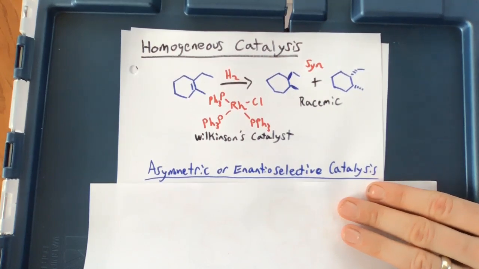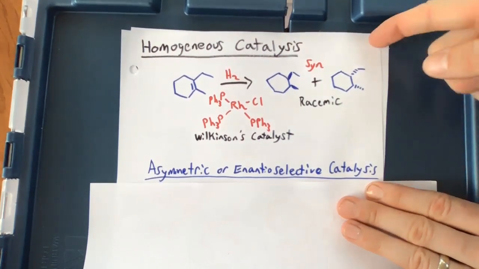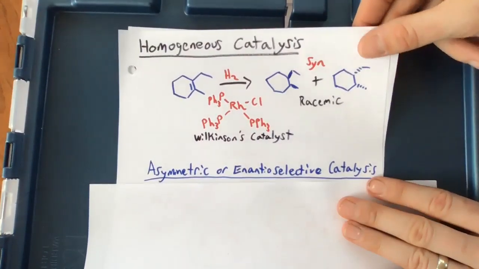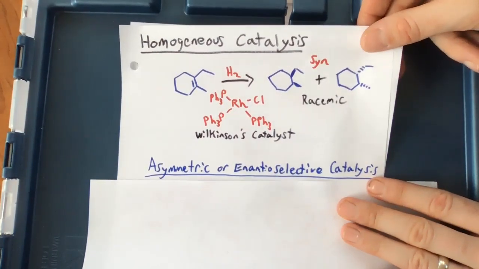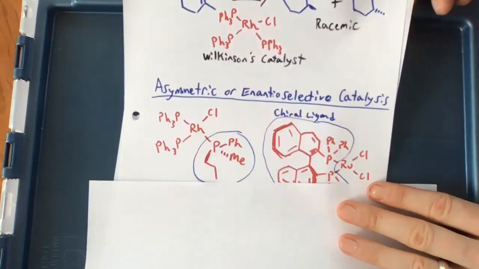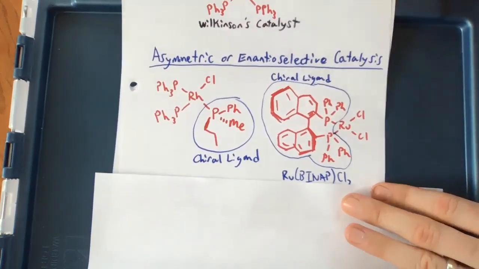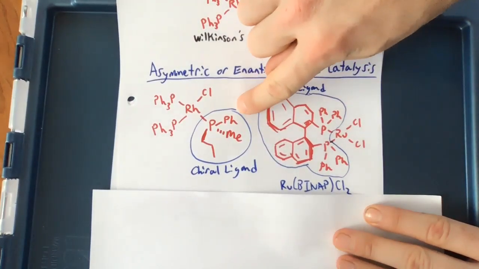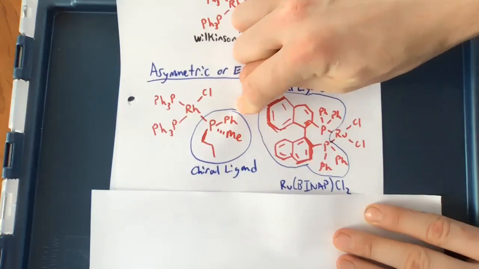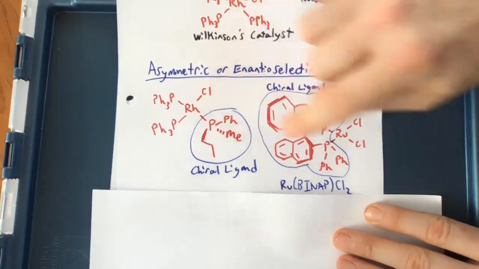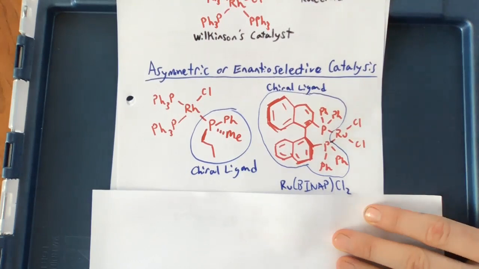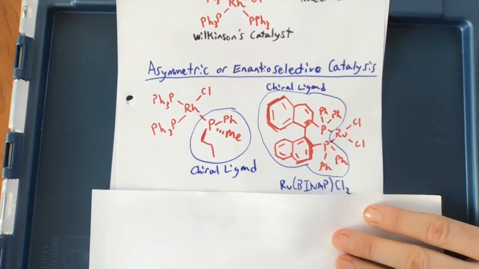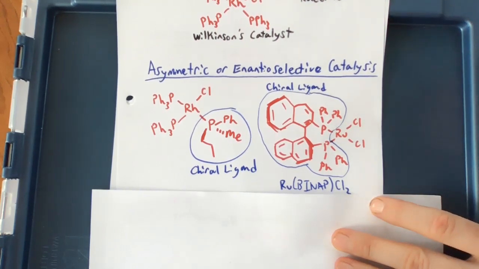There are two very famous approaches to do this, and these two are shown here. In general, the idea is that you need some type of chiral ligand that forces the molecules, when they attach to the metal here and here, to adopt some chiral configuration, so that instead of only having a racemic mixture of enantiomers, you select for one over the other.